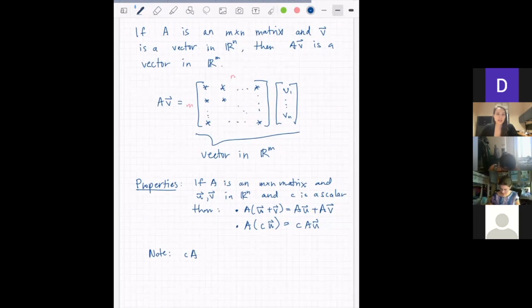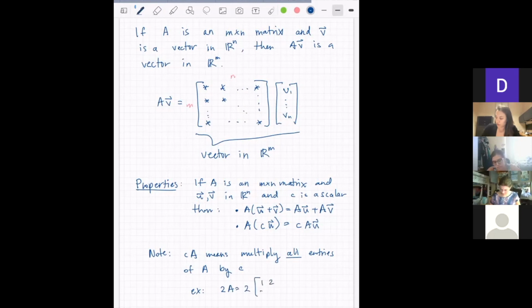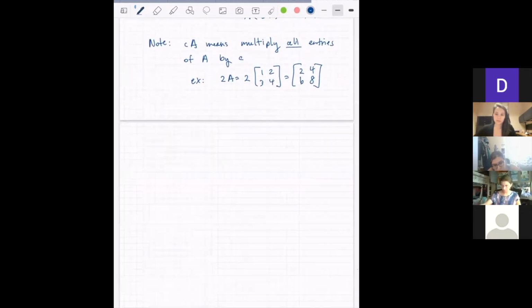To multiply a matrix by a scalar, this means multiply all of the entries of A by c. So, for example, if you have 2 times A, where A is the matrix 1, 2, 3, 4, you just multiply all of the entries by 2. So you get 2, 4, 6, and 8, like that, right? Okay.